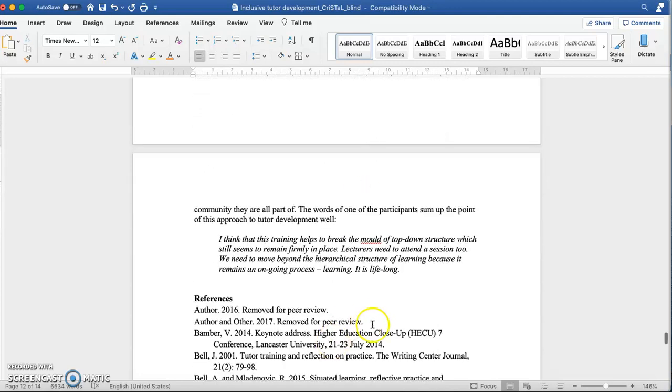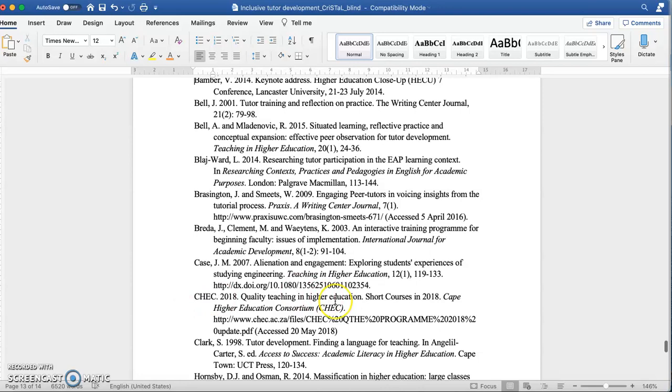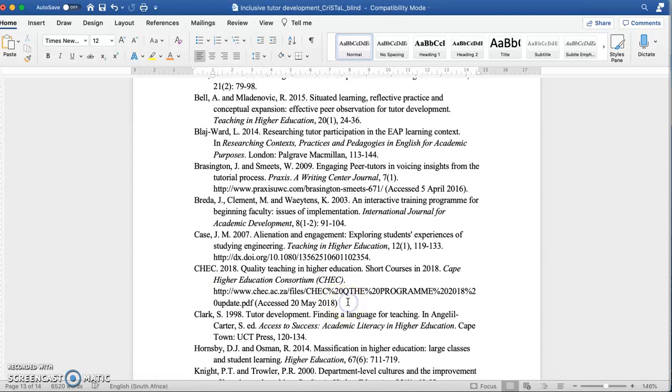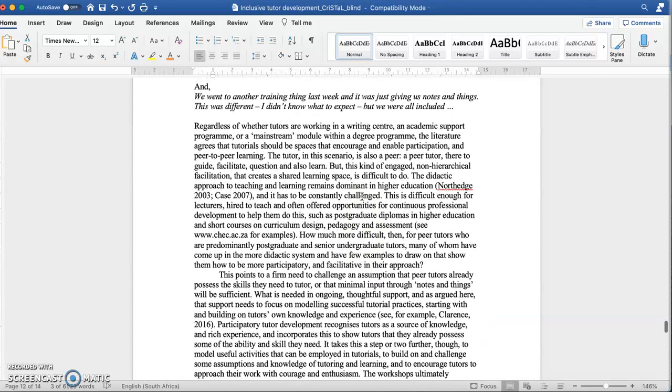And then, of course, you wouldn't actually have author in the references. You would simply have the full reference in alphabetical order in the reference list where it's supposed to go, because you have made it clear in the paper that it isn't you that you're talking about. It's just another researcher whose work you're citing.